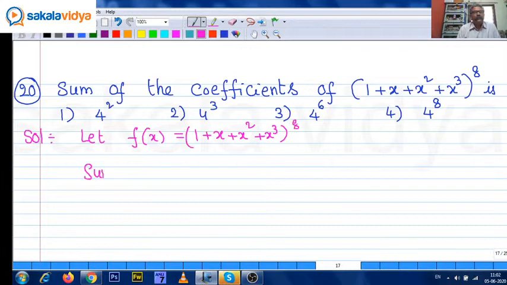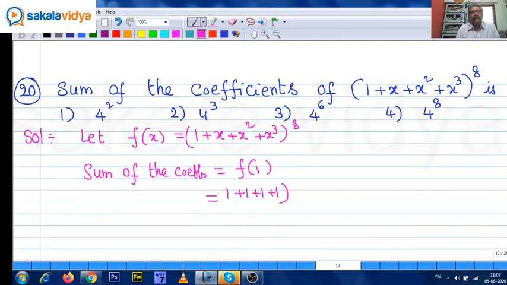Sum of the coefficients is equal to f of 1, which equals (1 plus 1 plus 1) whole to the power of 8. This equals 4 to the power of 8. Fourth option is the right option.